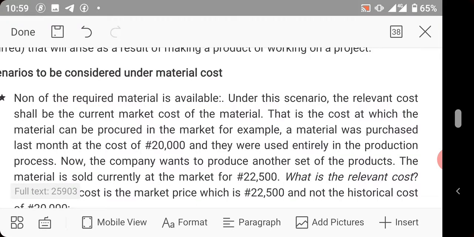That is, the material we want to use is not available. We don't have it in our inventory. We don't have it in our warehouse. We don't have it at all. In that regard, what do we do? So in such an instance, we have to buy the material. So the relevant cost of that material is the market value of the material.